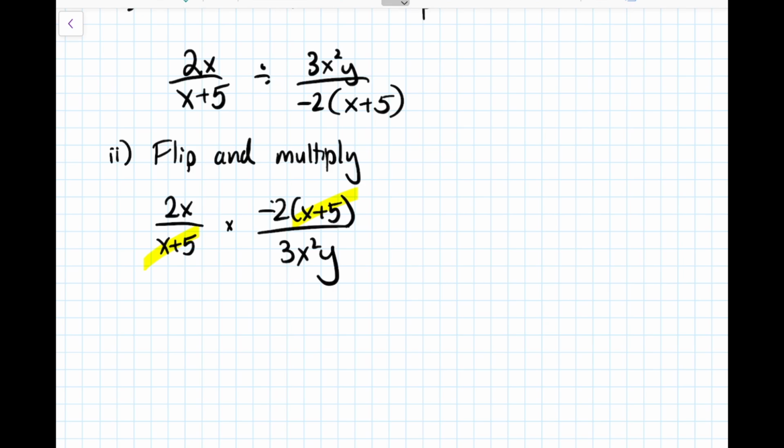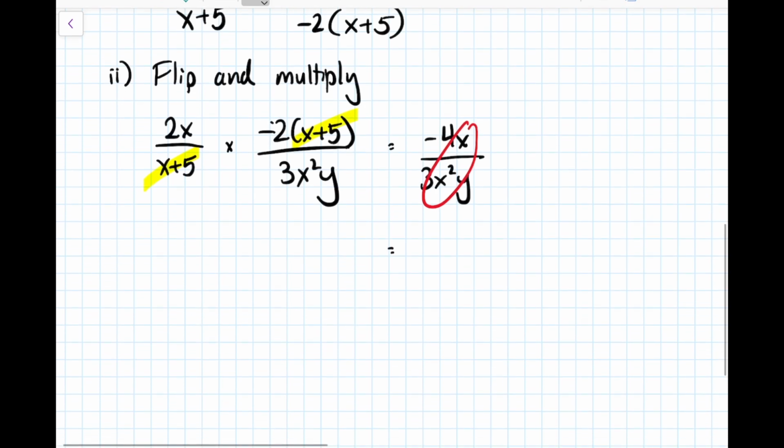We do have an x on the top and the bottom, so we'll get to those in a sec. 2x times negative 2 is going to get me negative 4x. The 3x squared y is just going to be a 3x squared y, and so I can reduce the x and the x squared. So remember, we can just subtract the exponents. So that's going to get me negative 4 over 3xy as my answer.